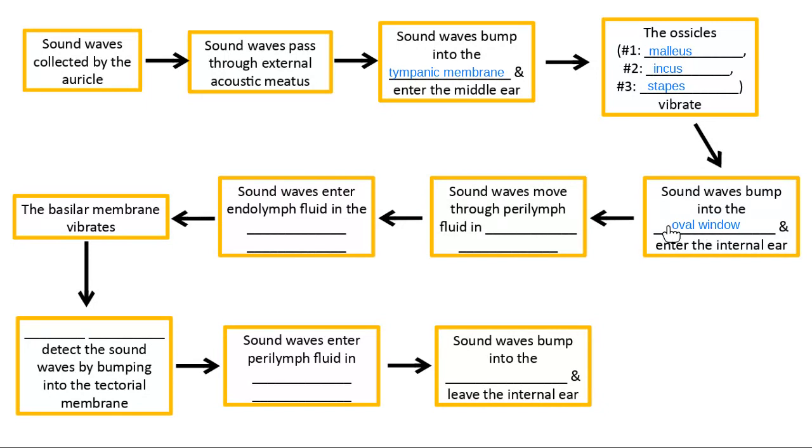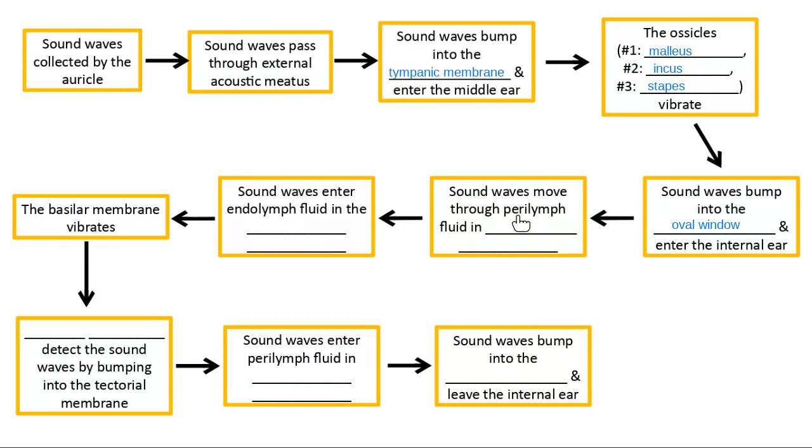The first place that we go when we enter the internal ear is filled with a fluid called perilymph fluid. We really don't need to know much about perilymph fluid, other than the fact that it exists. Perilymph fluid does not help us hear. It's a filler fluid, if you will. The fluid that will help us hear, that we'll talk about more in a moment, is endolymph fluid. So I use that fluid to help me hear.